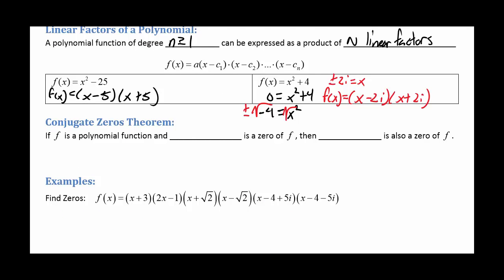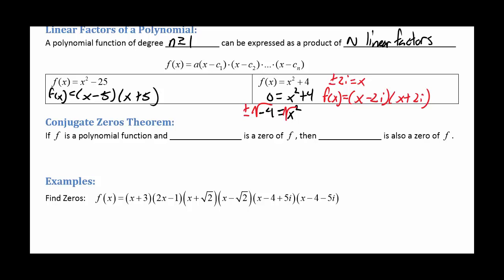Notice in that last case, the x minus 2i and x plus 2i, we're not used to seeing that. This is probably one of the first times in your life you've seen a factored form with complex roots, and that's now an option for us in this course: complex numbers can come up. This brings up that if I have a polynomial function with integer coefficients, and I do have a complex root, then its conjugate also has to be a root.